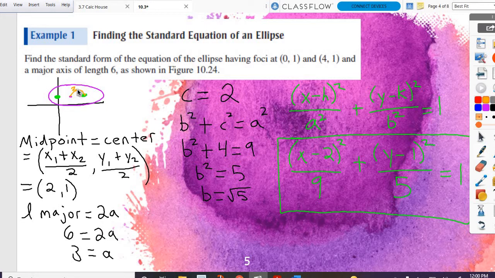Does that make sense? And again, if you didn't know what the distance was, we can always use our distance formula, but since everything is kind of lined up, we're basically just counting units. Other questions? Do we see where we got all the numbers and equations from?